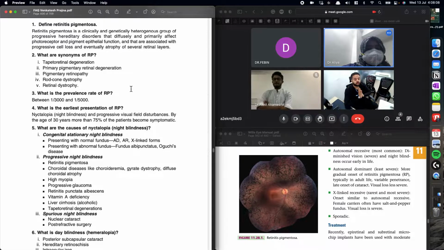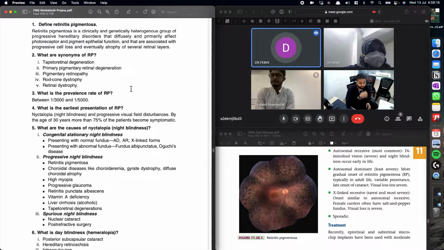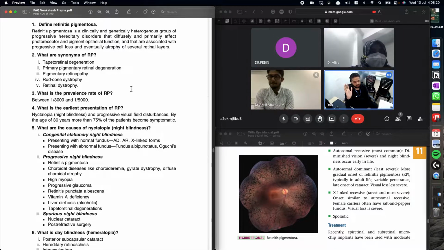Night blindness. Yeah, he will be having problems with the night vision. Yes. So night blindness is the most cardinal thing, without which your answer will be incomplete. What is the second most important thing you need to think about?